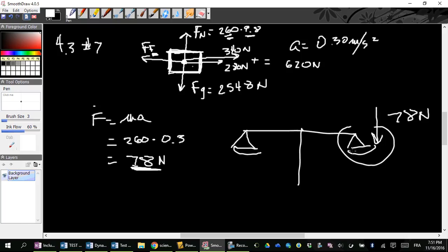So in here I have 620, so that means that on this side I have 78 less than this. To do that in my head, 80, hold on, 80, so 2, so 60, so 540, I have 2 less, so 538. That means that this is 538.